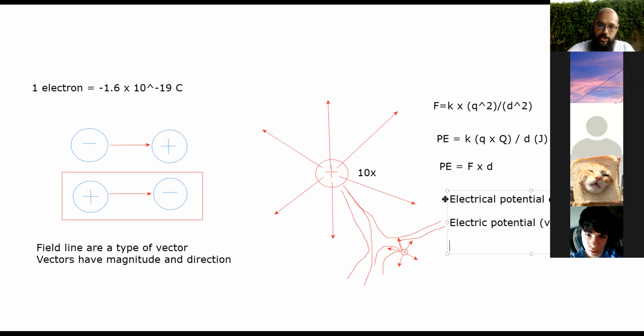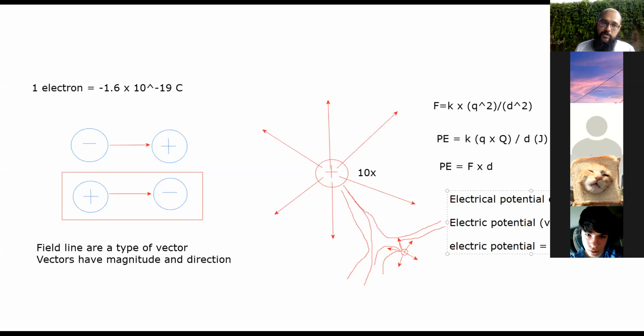The definition of electric potential is equal to electric potential energy divided by charge, or by Q, I should say.